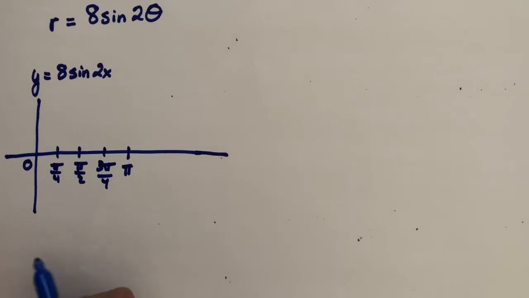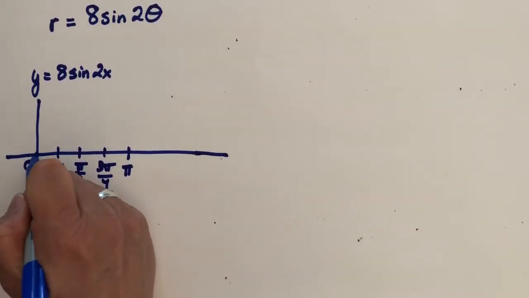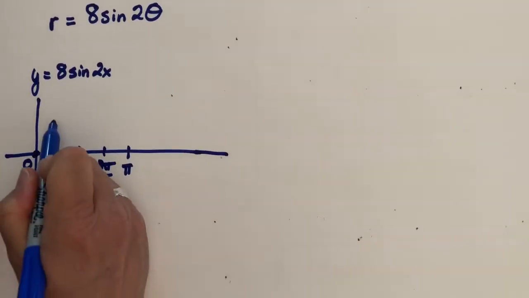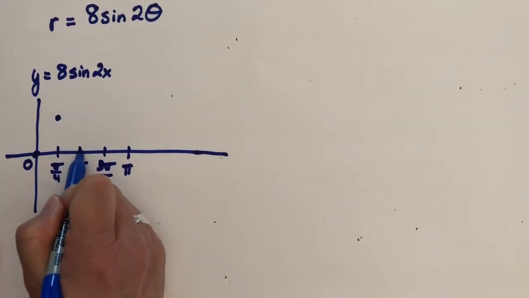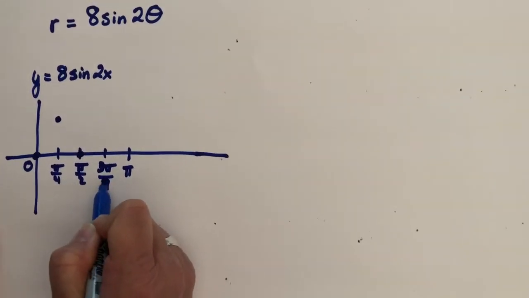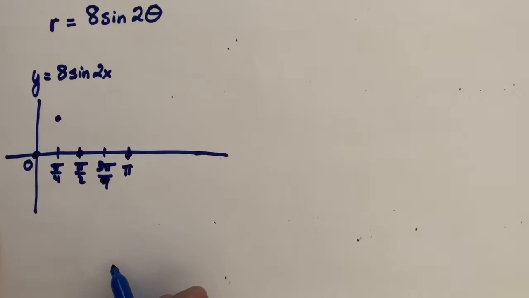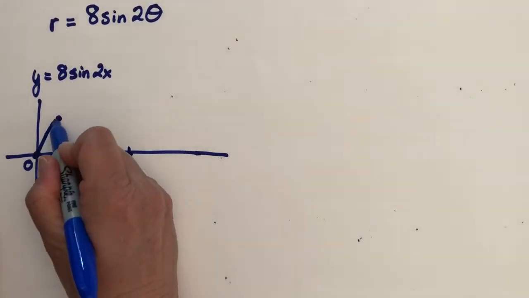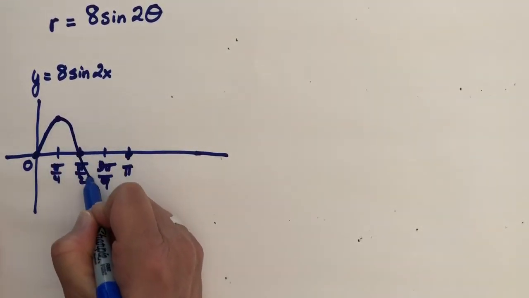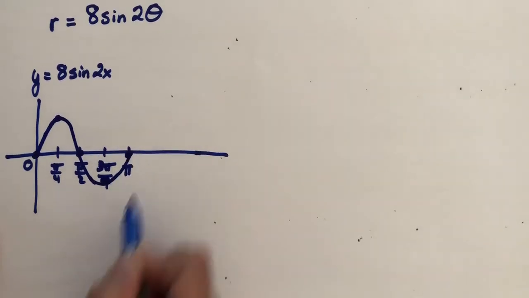And we know we're talking about the sine curve, so we'll go through 0, 0. It goes up and back down to 0, and then it will come down here. So if I graph one cycle, it looks like this.